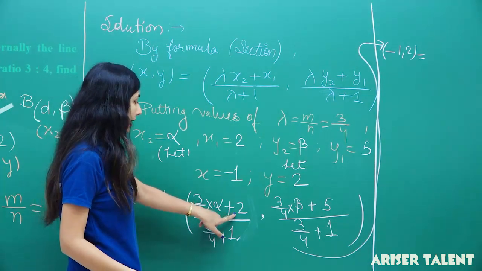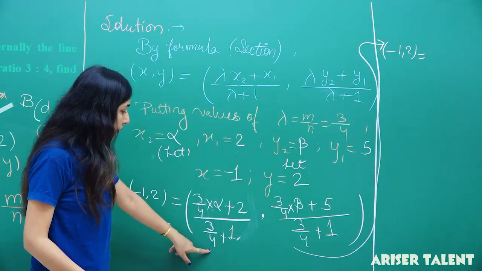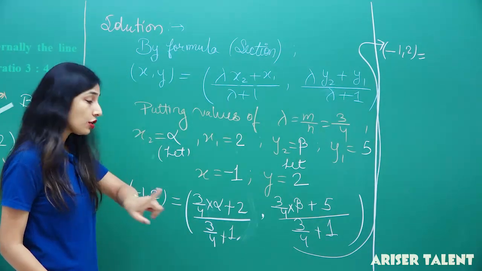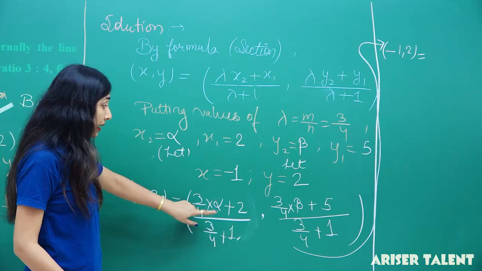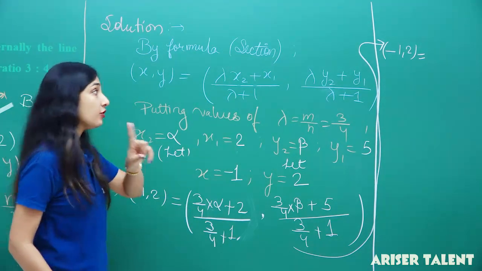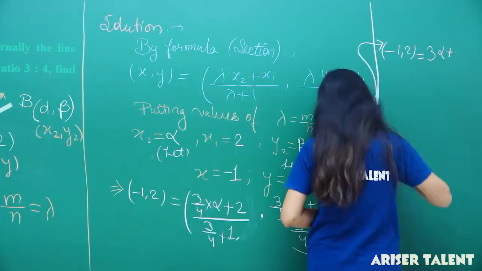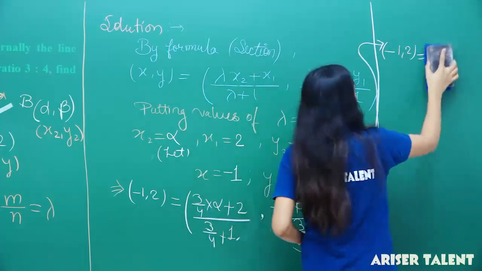Now, if I take LCM 4 here and also 4 here, the denominator will cancel out. Now, that will be 3 alpha plus 2 multiplied by 4 is 8. So, I will write here 3 alpha plus 8.